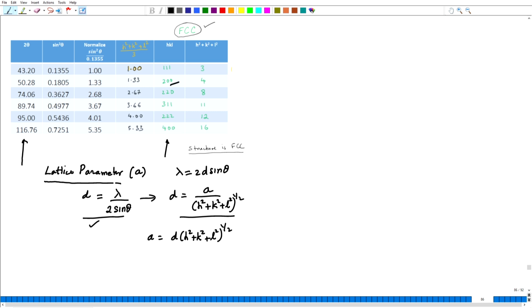So, suppose now I want to find an accurate value, as accurate as possible. What could be a good idea? One possibility could be that I can take all the A values I get.